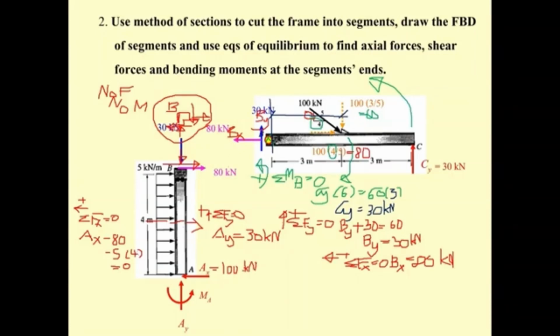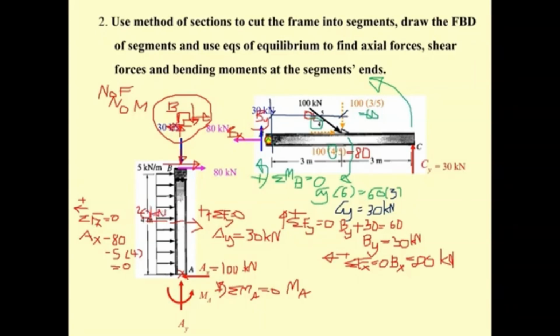This 80, this 100, and then M sub A. Then you determine M sub A. You have to take the moment here, summation of M sub A equal to 0, and rotating like this is positive. So by doing this, the M sub A is in this direction, and it's opposite to this reaction force of 20 kilonewton.